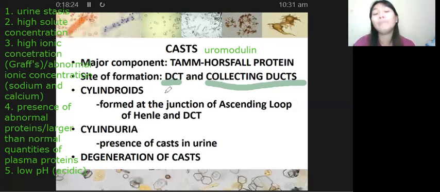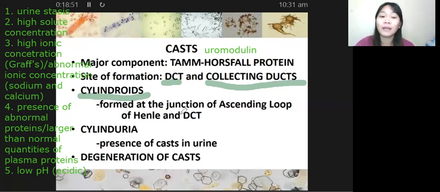Okay, so, yes, moving on. All right, so there is actually a similar sediment to your casts, which we refer to as your cylindroids. Okay, so yung ating cylindroids naman, they are formed at a different site in our renal tubules.